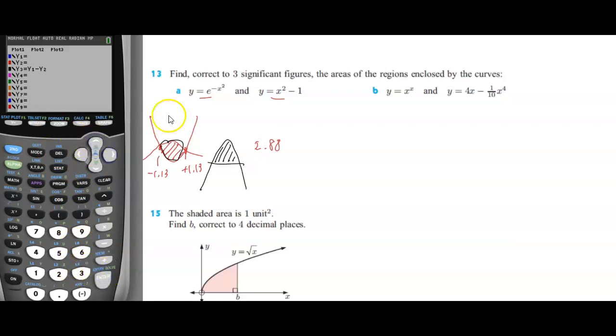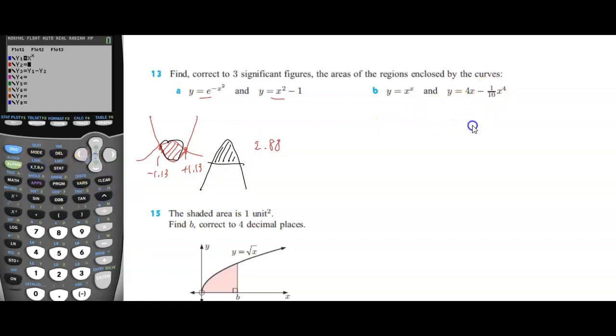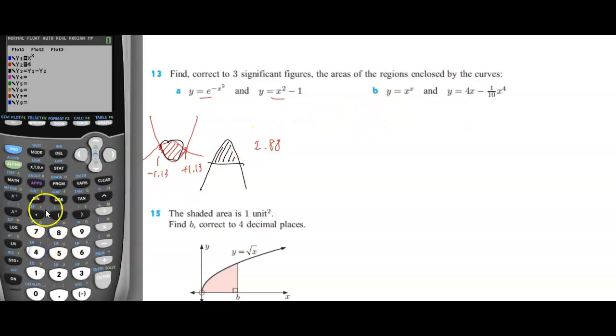I'm going to type in these two functions. x to the x, of course, we type it in by doing x caret x, and then in the next row, 4x minus 1/10 x to the 4th. So 4x minus 1/10, which is the same thing as 0.1, x to the 4th, which is x caret 4.